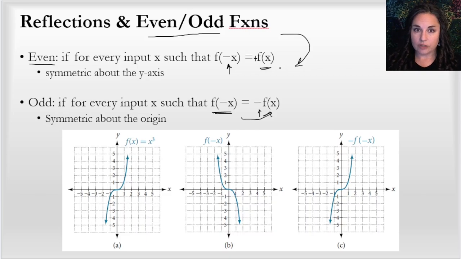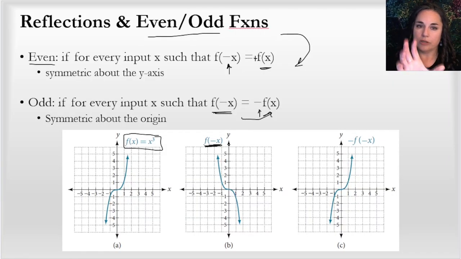So when I transform my functions, I may change something from even to odd, and being able to tell whether something is even or odd deals with reflections about that axis. When I look at this toolkit function I mentioned before, f of x is x cubed, that's the graph there. If I take the negative of the input and put it in, I get a reflection over the y-axis.